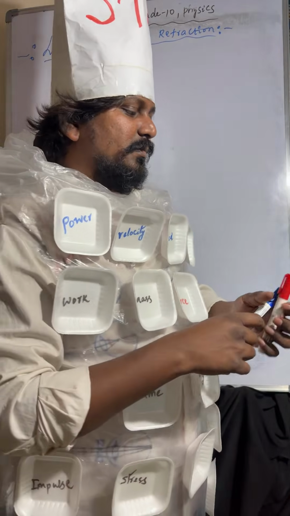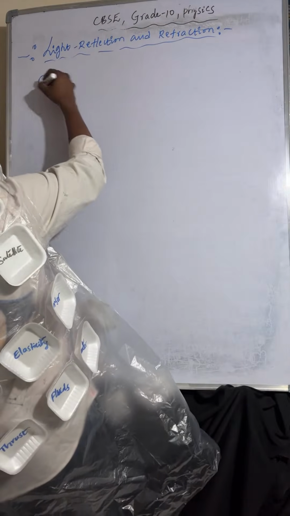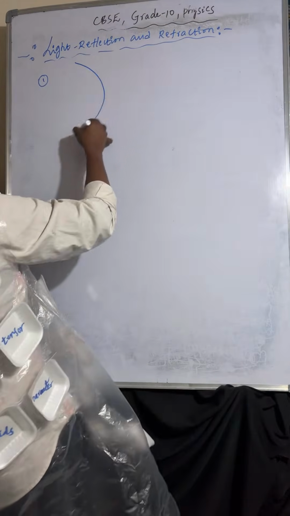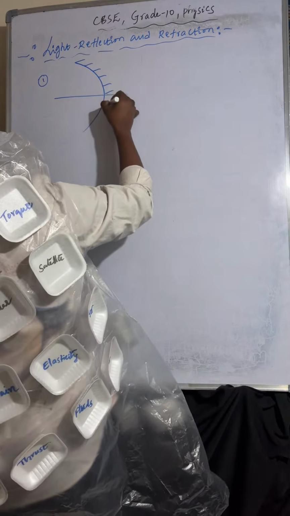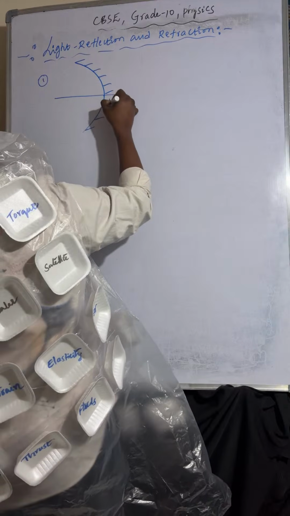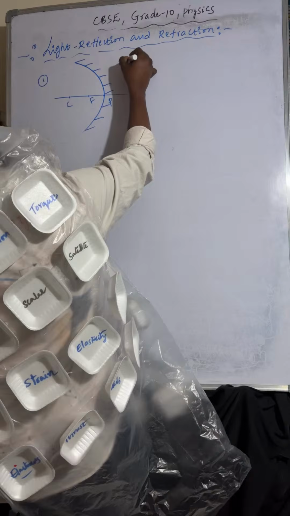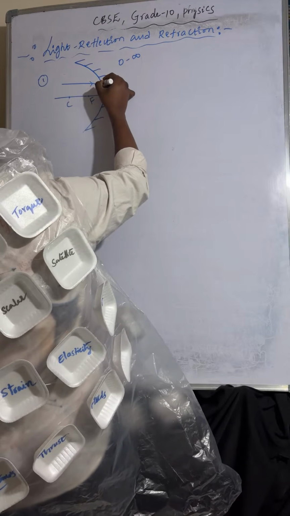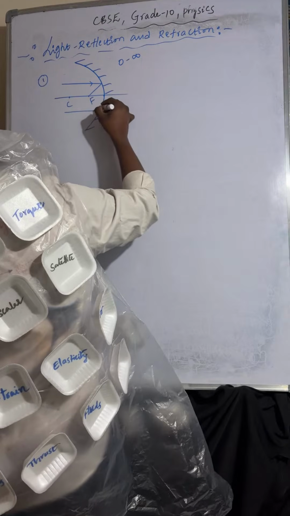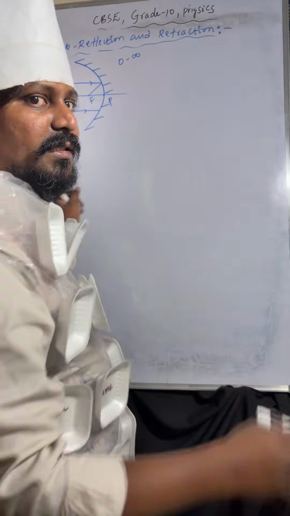Next, point number 1. So pole, focus, center of curvature, object is at infinity. One light ray is passing. After that, the light rays will meet at focus.